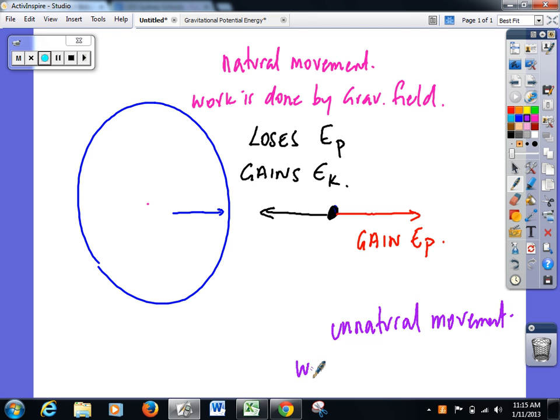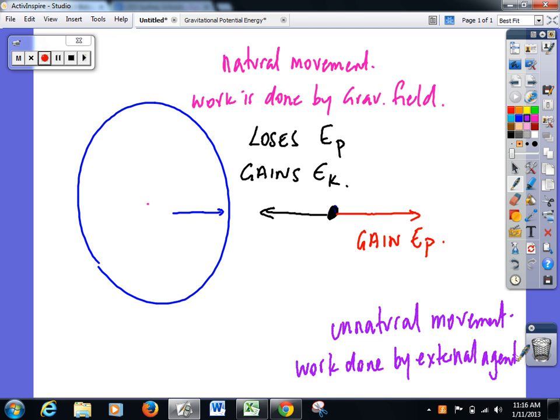And this is work done by an external agent. Okay? Now, all we can say is it's going to gain potential energy, gravitational potential energy. We can't say it loses kinetic energy because it was stationary to begin with, like my box.